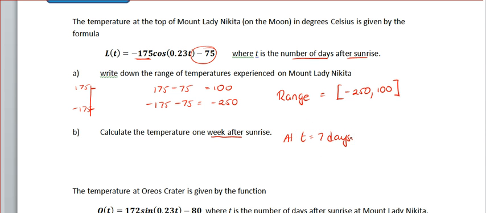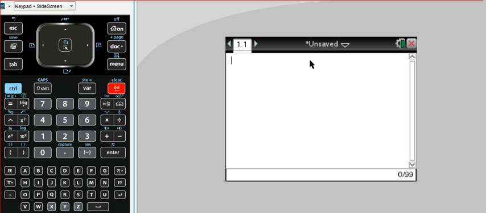So at this point, as I mentioned before in example 1, when we know that we're dealing with several parts to the question and we're going to pick up our calculator, the first thing we should be doing is actually defining this function L of t on our calculator. So enter the rule.